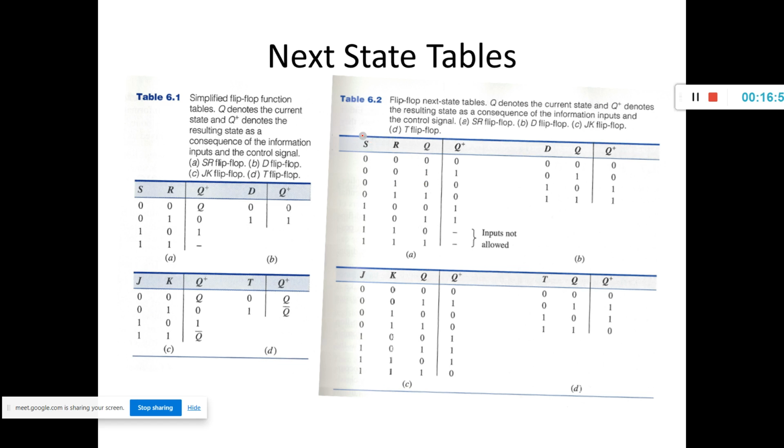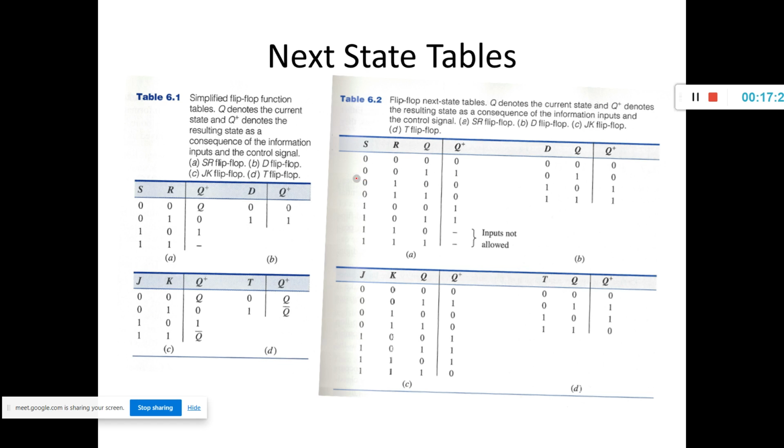Here this is S, this is R. When both are 0 0, S is 0, R is 0, present state may be 0 or 1. Whenever S is 0, R is 0, it retains the present state. So if the present state is 0, the next state will be 0. If the present state is 1, the next state will be 1.